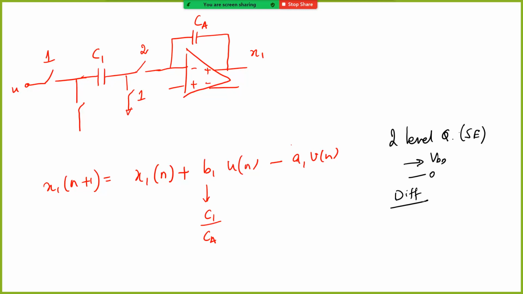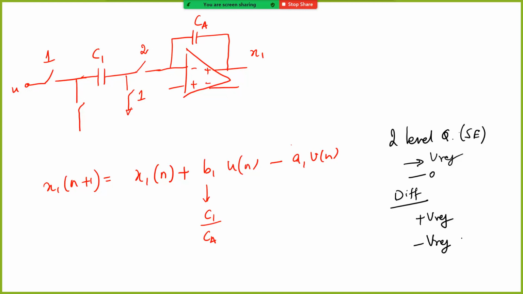So either you charge it up to plus VDD or you charge it up to minus VDD. Basically, you just reverse the thing. So instead of VDD, we can say that there is a certain VREF, and the VREF may or may not be equal to VDD. So let us make it generic and say it is plus VREF and minus VREF for a differential system.